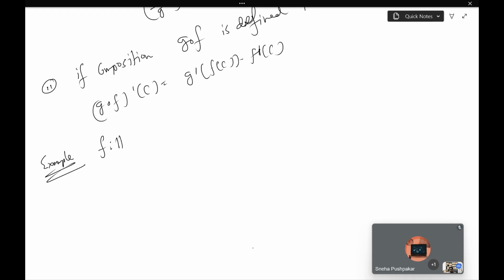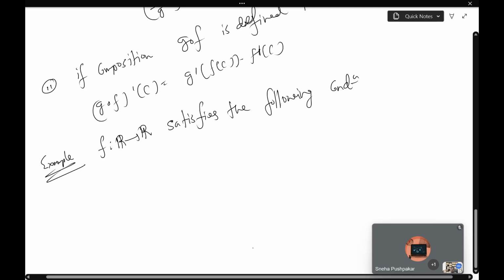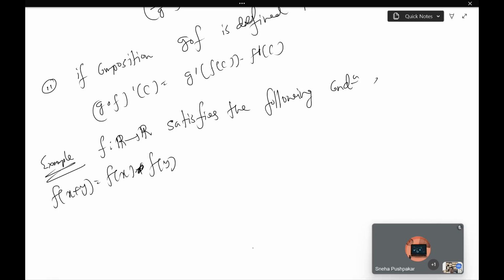So the first example. Suppose f from R to R satisfies the following condition: f of (x plus y) is equal to f(x) times f(y) for all x, y in R. Let f be differentiable at 0.